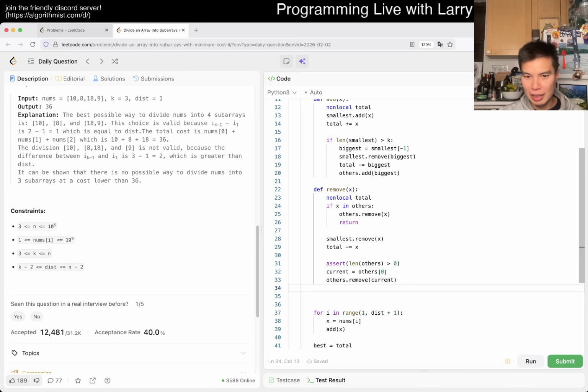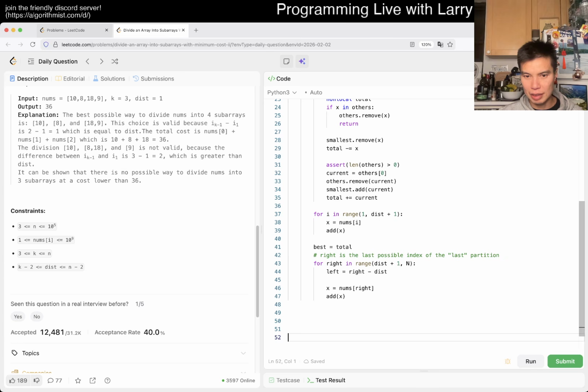And then smallest.add current, and we're good. Right? So then add x, we remove y, right, where y is equal to num sub left, and then yeah, and then best is equal to min, is it? Min of total, and we should be good, basically.